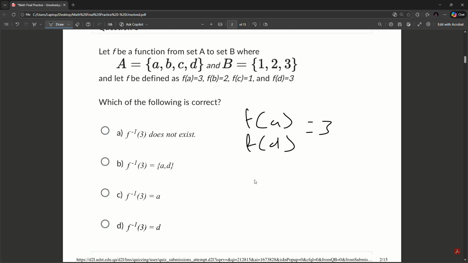So f inverse of 3 would be the set of a and d, because if you look at the examples they've given, fa is common to 3, fd is common to 3. I think it's called the image. It's basically if it maps to 3, so to a and d. So the answer to this is B.